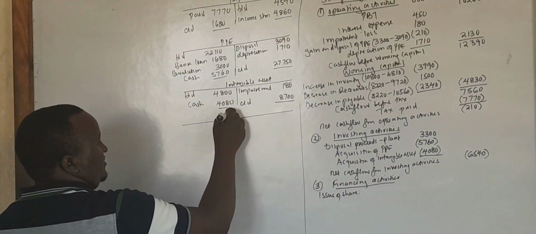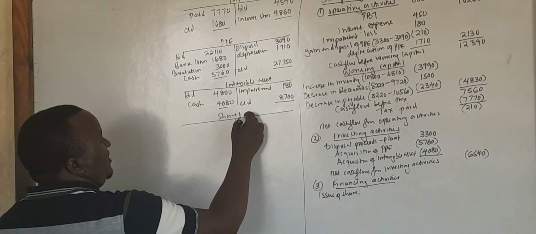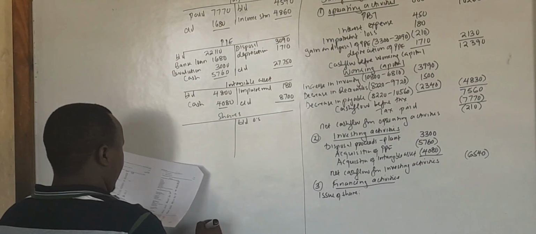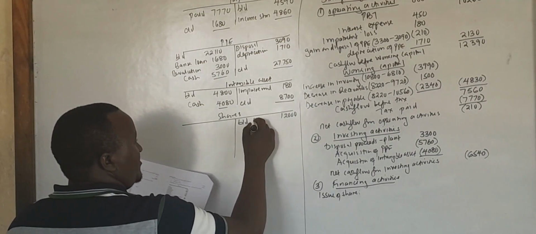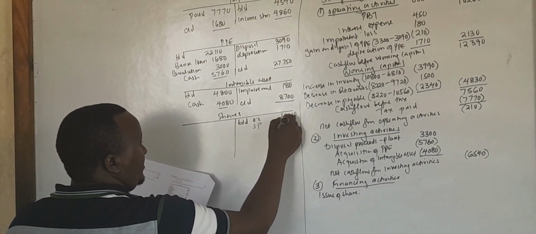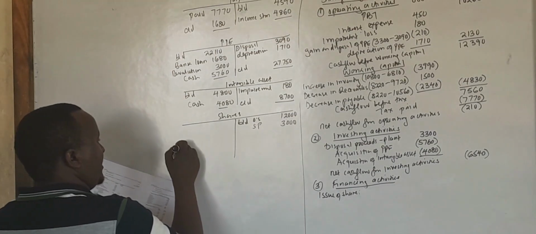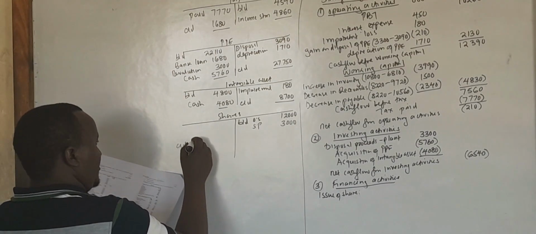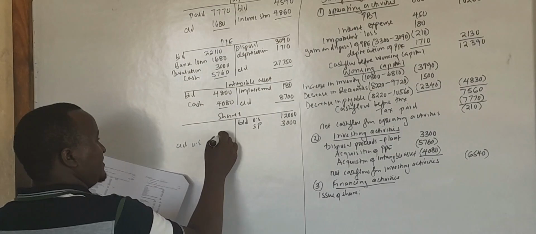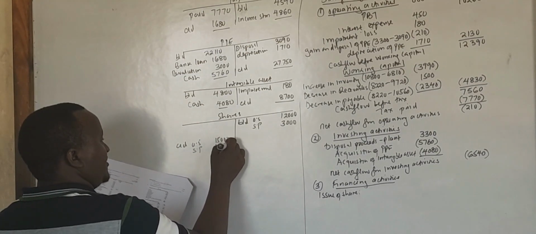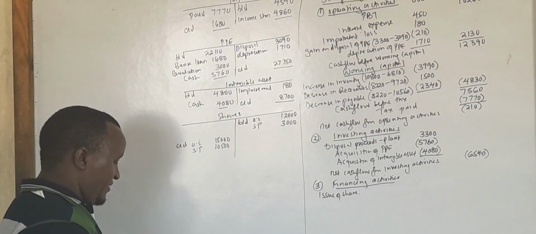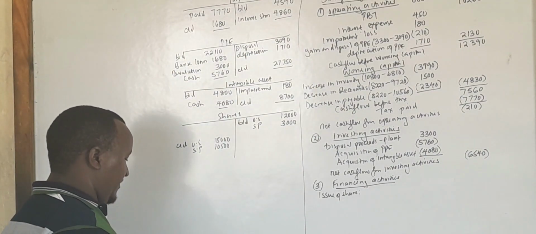So shares. We had a breakdown: ordinary of 12 and share premium of 3. And carry down, we had ordinary shares of 15 and share premium of 10.5. There was a note number 5.